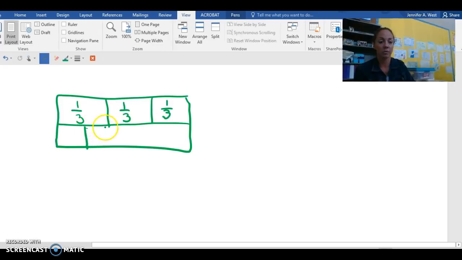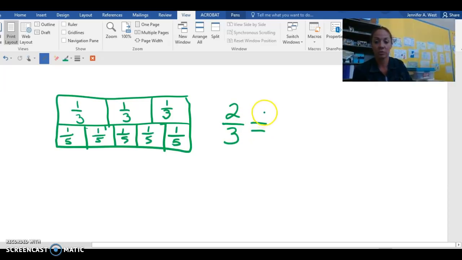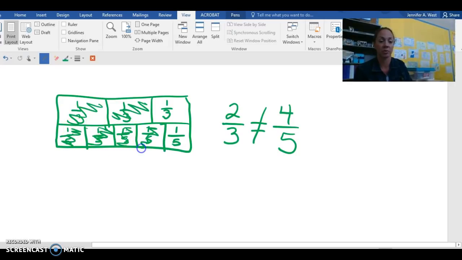Then we're going to compare fifths, something like that. 1/5, 1/5, 1/5, and there's our 5/5. 2/3 is not equal to 4/5, let's say. Because if we shade in 2/3, it's smaller. It takes up less space on here than 4/5. So 2/3 is not an equivalent fraction when being compared to 4/5.